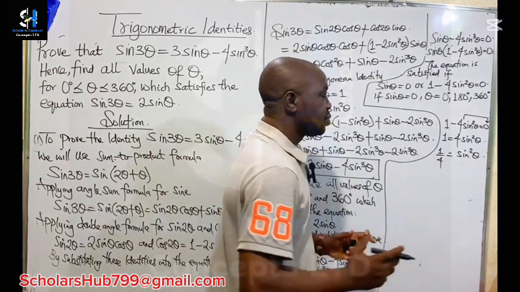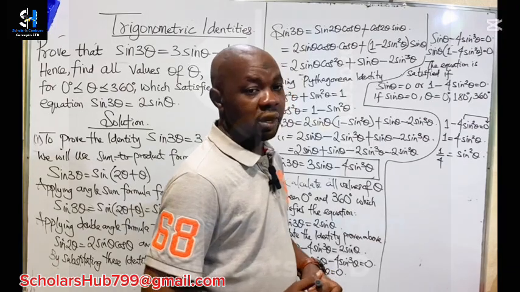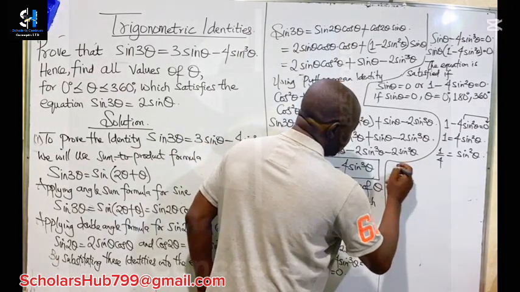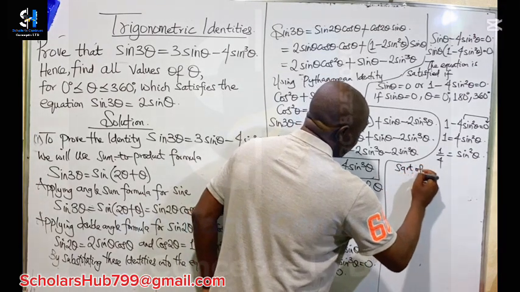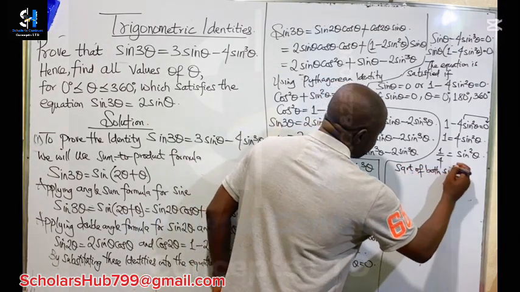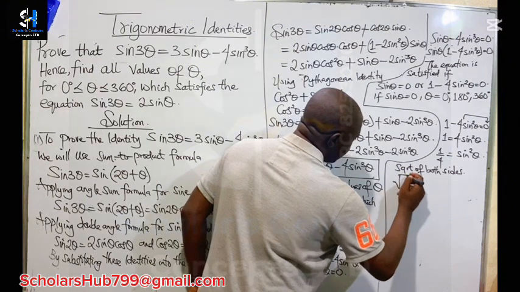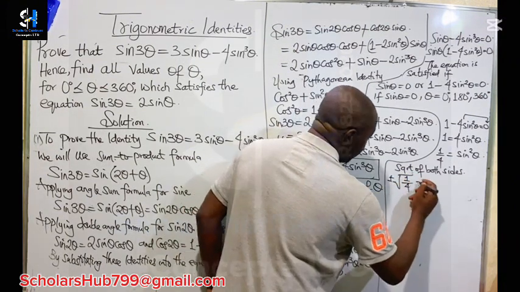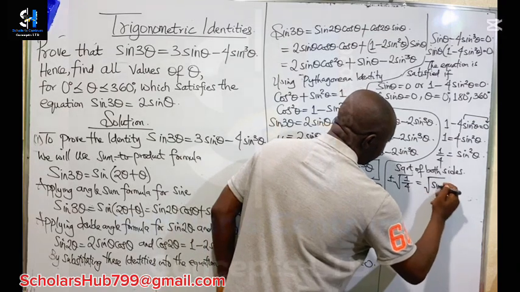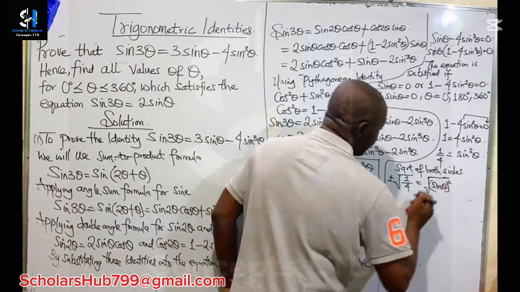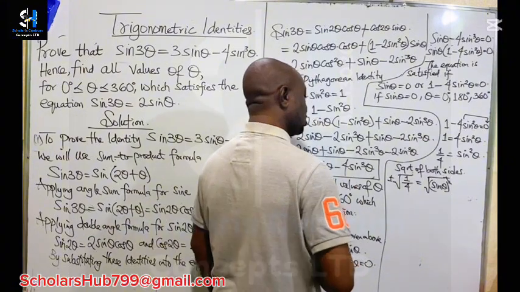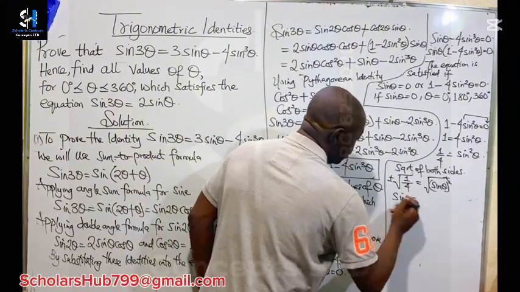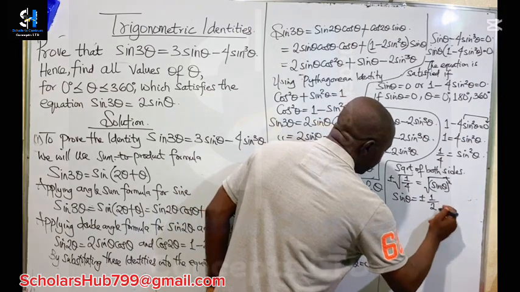To calculate the value of theta, we take the square root of both sides: plus or minus the square root of 1 over 4 equals the square root of sine theta raised to the power of 2. So this will disappear, and sine theta equals plus or minus 1/2.